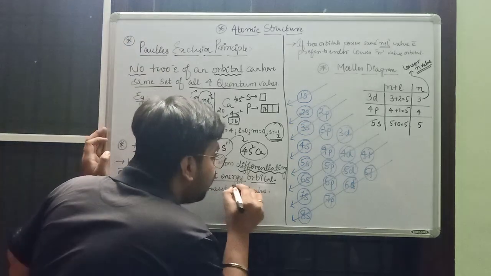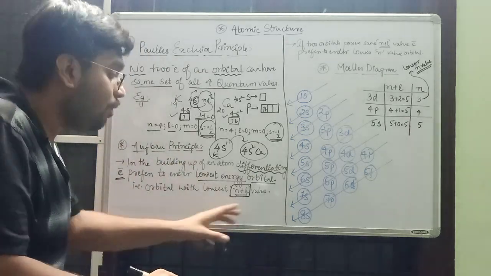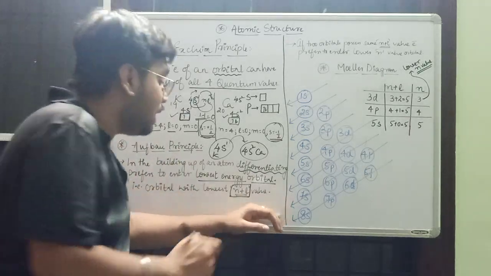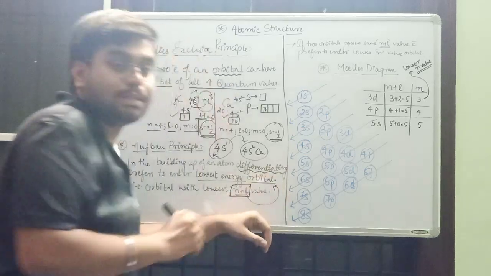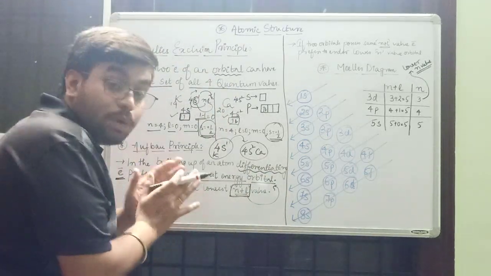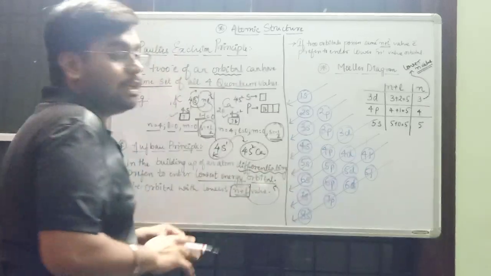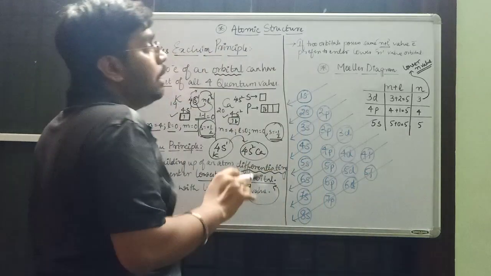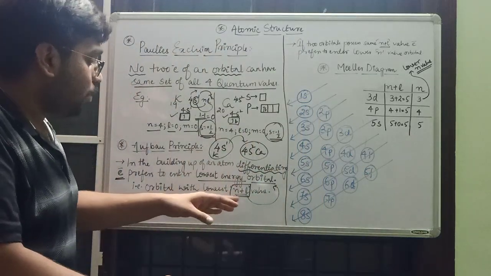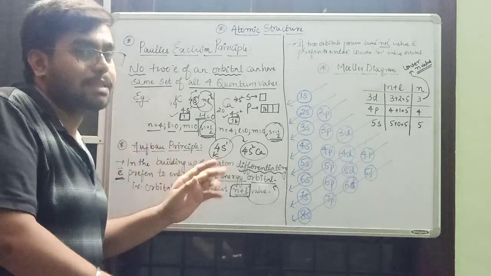N plus L value is the direct measure of energy. The orbital with the lowest N plus L value is nothing but the orbital having the lowest energy. Now, the electron will go into the orbital having the lowest N plus L value.